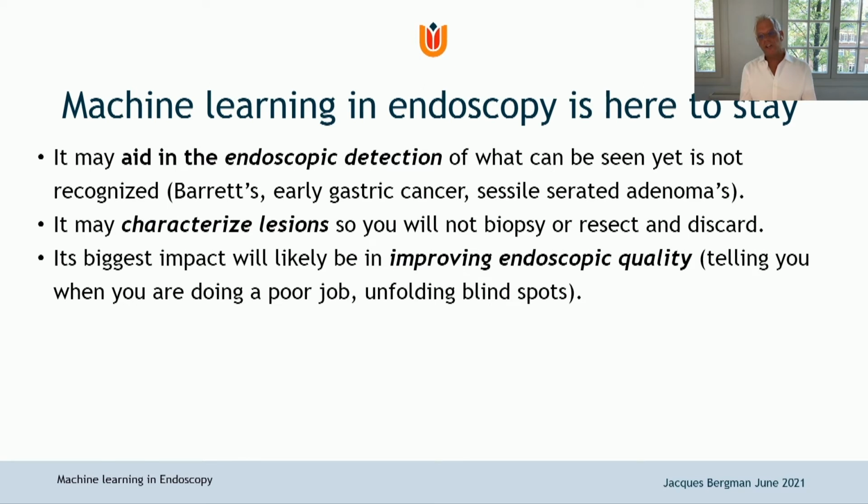Detection and characterization algorithms can only work on images we supply, and they can never be better than what we supply them. Quality improving algorithms will help us to expand on the information and will unfold blind spots and also will unfold poor performing endoscopists.